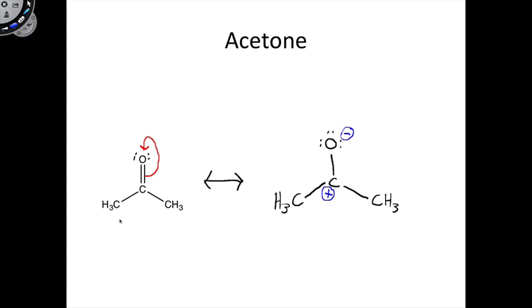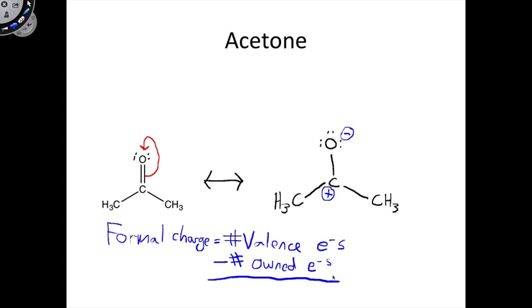So formal charge is equal to the number of valence electrons of an atom minus the number of owned electrons. And for owned electrons, a bond counts as 1 and a lone pair counts as 2.